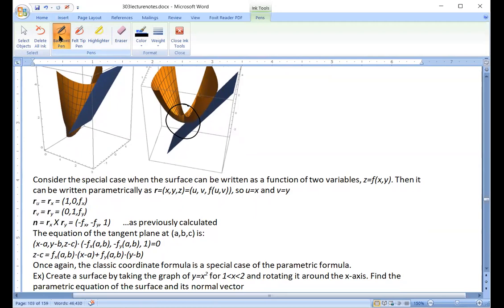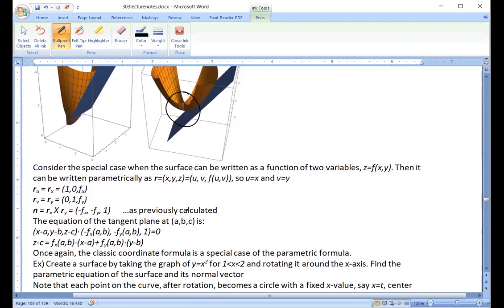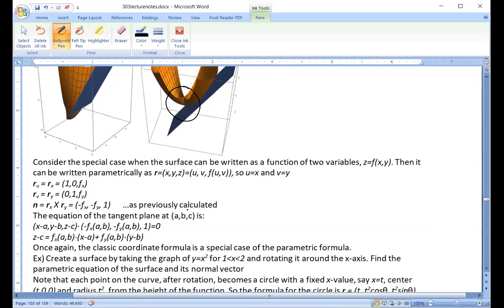Now we're going to find the parametric equation of the surface, and then also its normal vector.